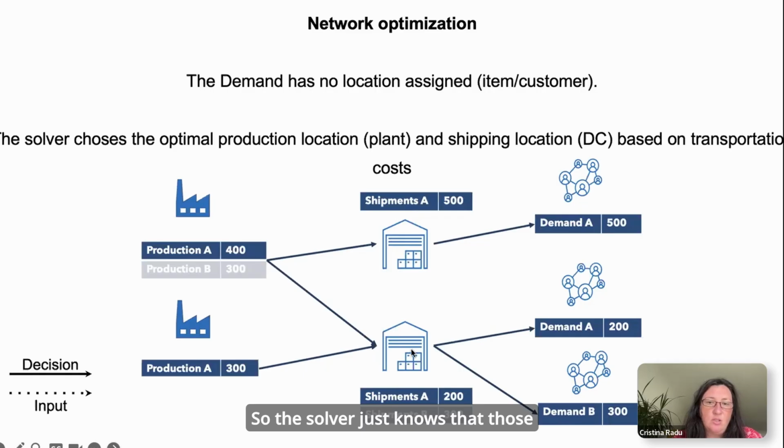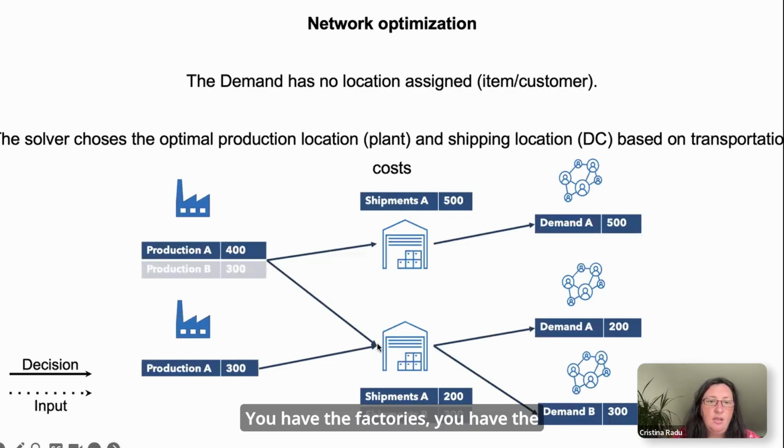The solver just knows that those distribution centers can be connected with the customers. You can have all distribution centers serve all the customers, or you can have lanes to restrict this. But you just insert this data, and this way it's called network optimization.